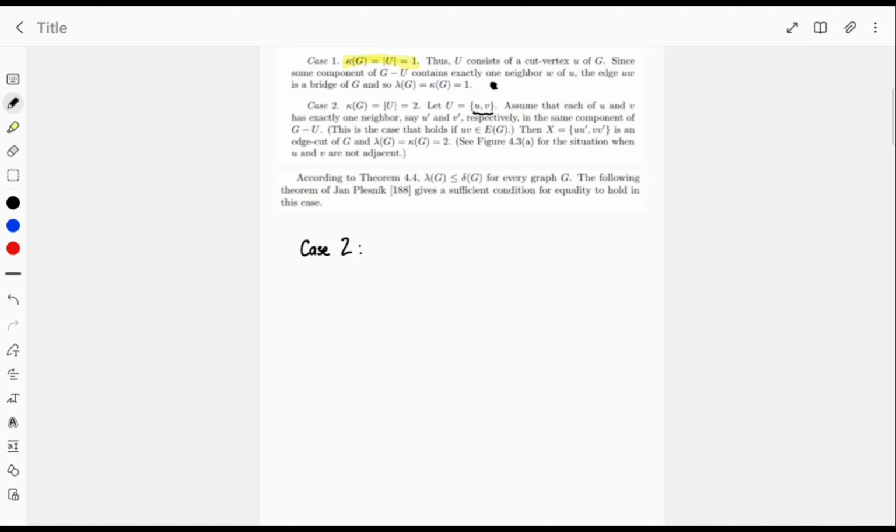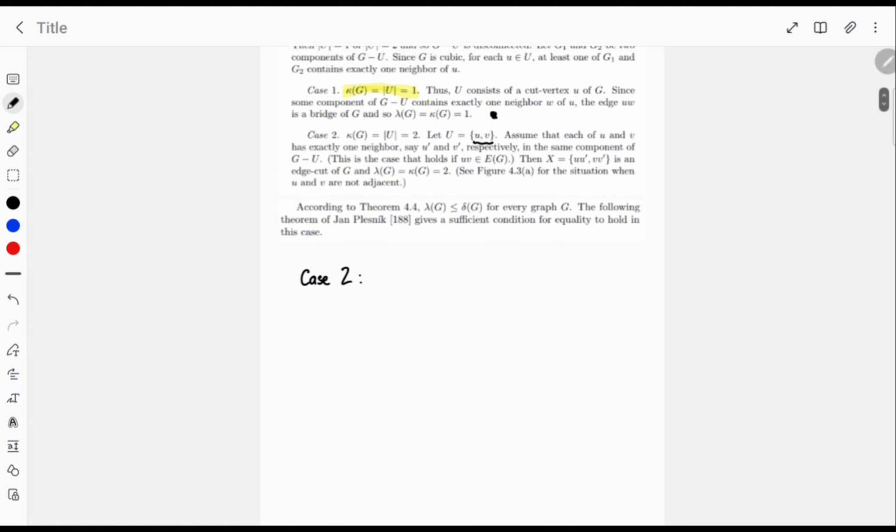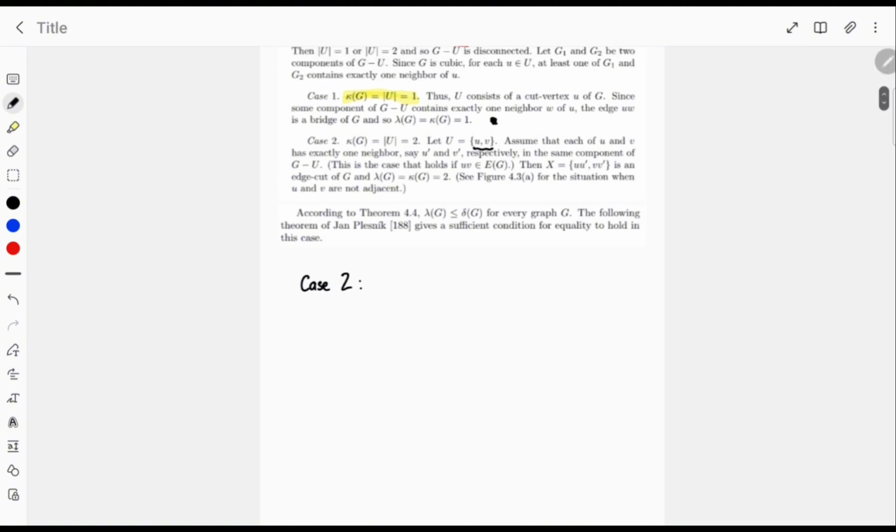Assume that each of u and v has exactly one neighbor, say u prime and v prime respectively, in the same component of G minus U. This is the case that holds if uv is not an element of the edge set of G, then X, the set of u prime and v prime, is an edge cut of G, and λ(G) is equal to κ(G), which is also equal to 2. So see figure 4.3a for the situation.